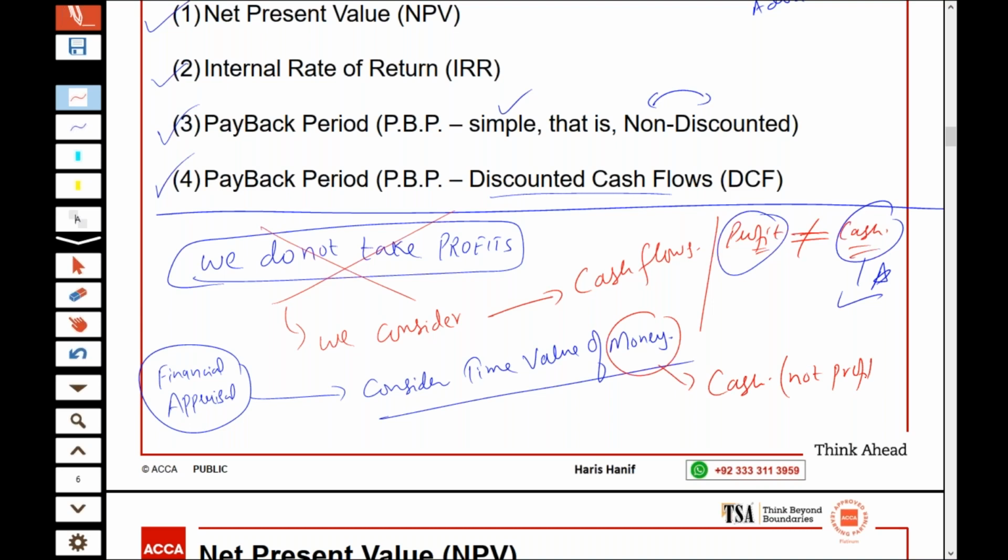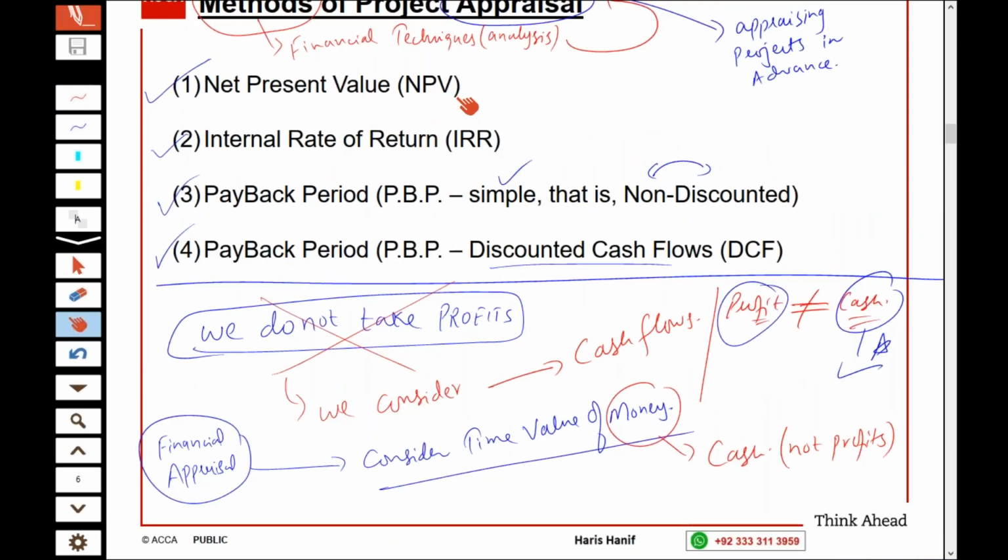So if in the question there is profit, we need to convert it into cash flow. Financial appraisal techniques consider the time value of money, and that includes the cash flows only. Okay, so let's start one by one.